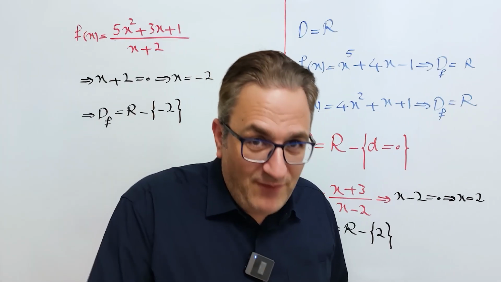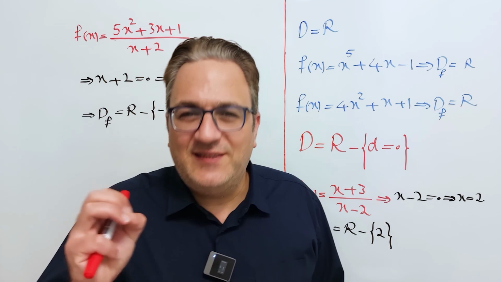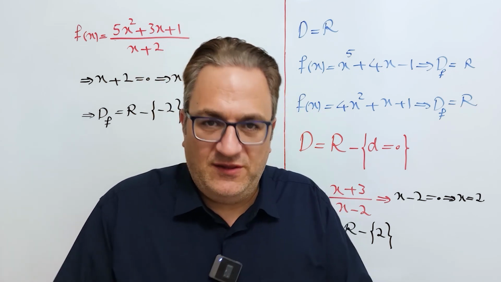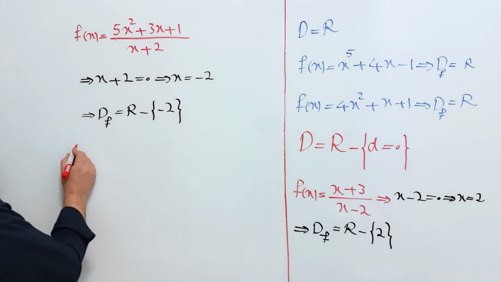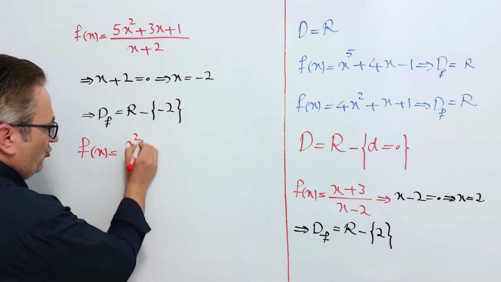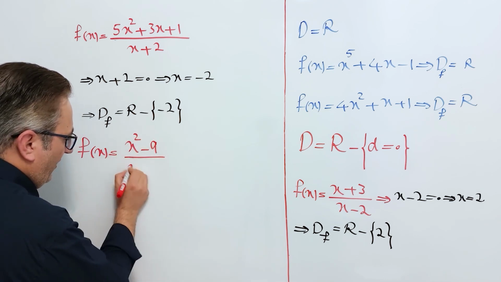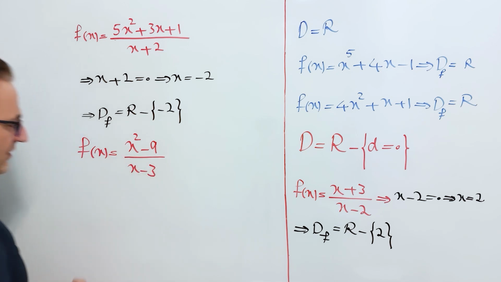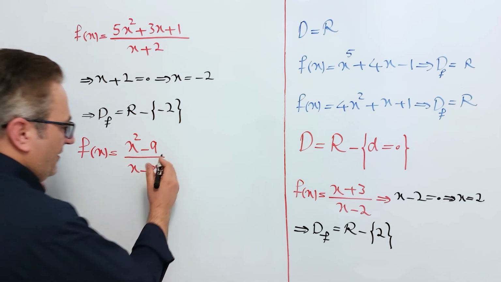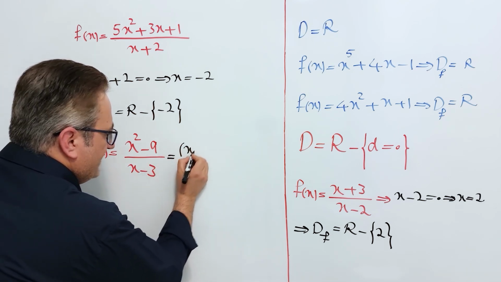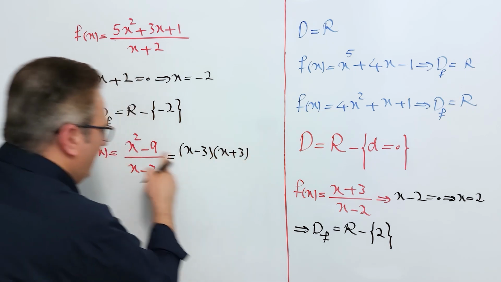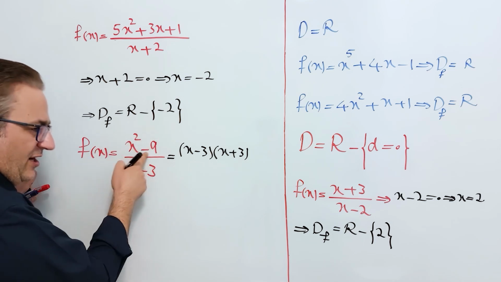Okay? Just keep in mind, when determining the domain, you should not simplify the fraction. Look at this example. f of x is equal to x squared minus 9 divided by x minus 3. If we simplify this fraction, we have x minus 3 times x plus 3. This is a conjugate identity.